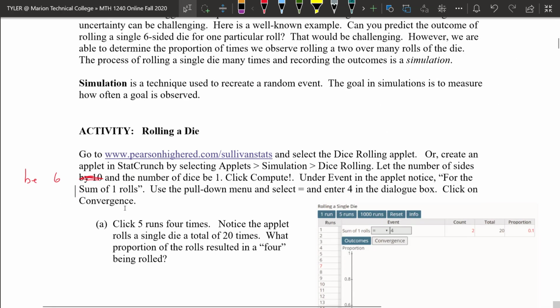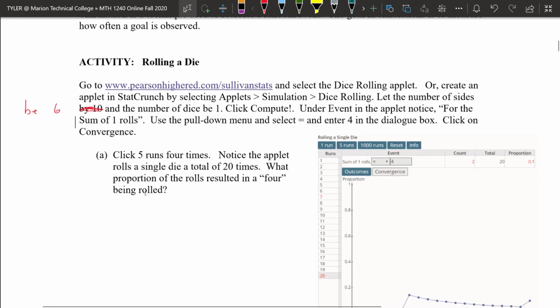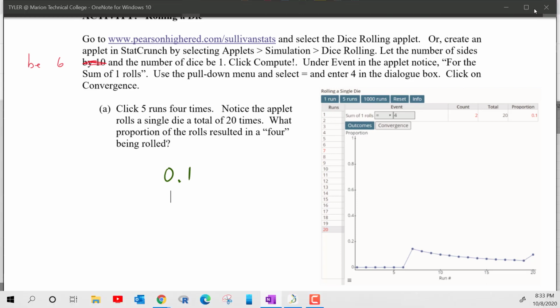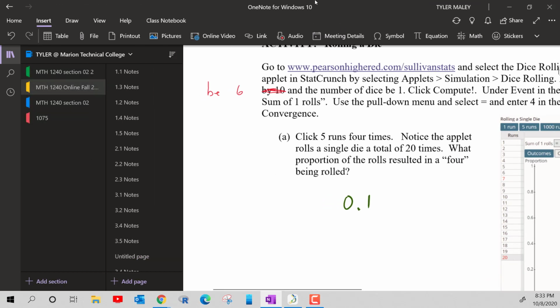On the notes, it asks us to record what proportion of the rolls resulted in a 4 being rolled. That proportion was 0.1, so 10% of the rolls for this simulation was a 4.